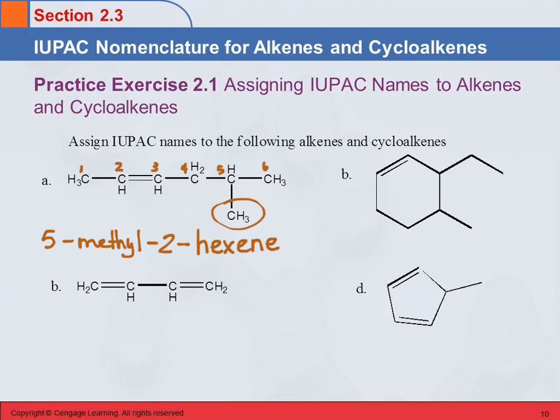Some people do find this fun. Any questions about that one? So it's just important to name the first carbon that's connected to the double bond? Because we didn't use 3 at all. Right, we don't use 3 because we're numbering consecutively. So if it starts on 2, the second one has to be 3.